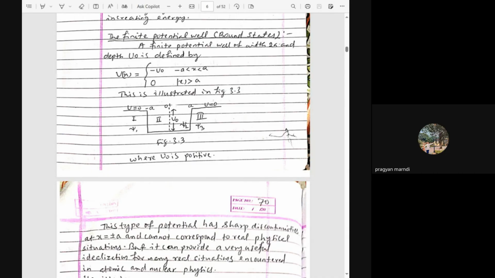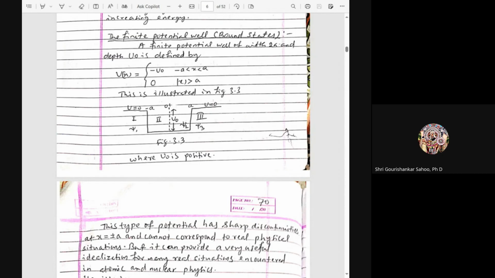Yes, sir. So the first one is a finite potential well, and first we shall discuss the bound state problem. As shown in figure 3.3, there are three regions. If x is between minus a and a, then the potential value will be minus u0.